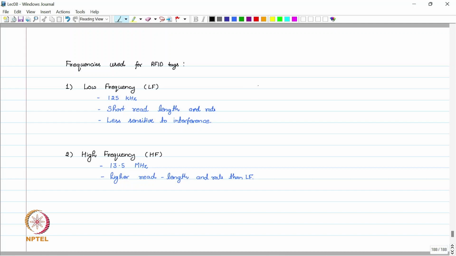The third is the ultra high frequency, or UHF we call it. These are typically 860 to 930 megahertz. They have faster data rate.